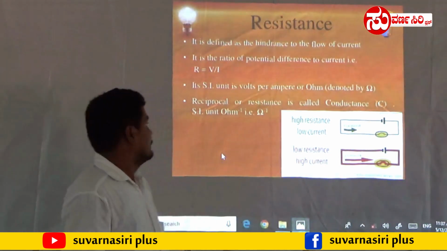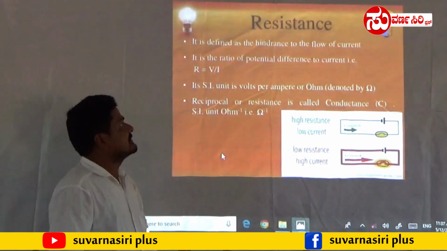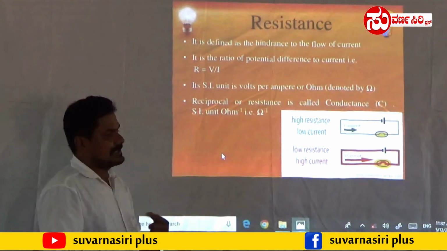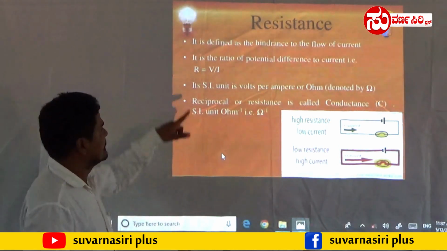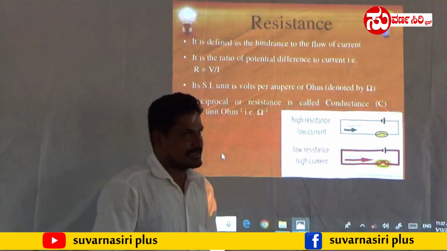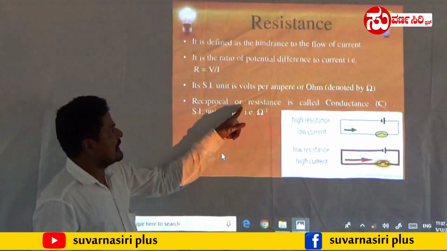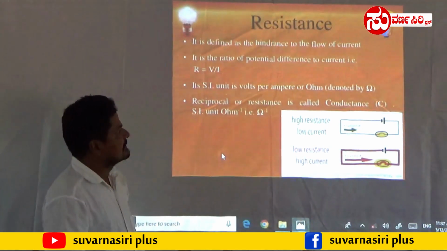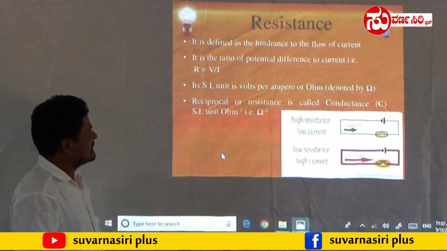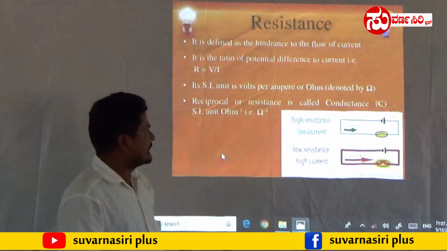Next, the SI unit of resistance is volt per ampere, which is ohm. The reciprocal of resistance is called conductance, and its SI unit is ohm per meter.